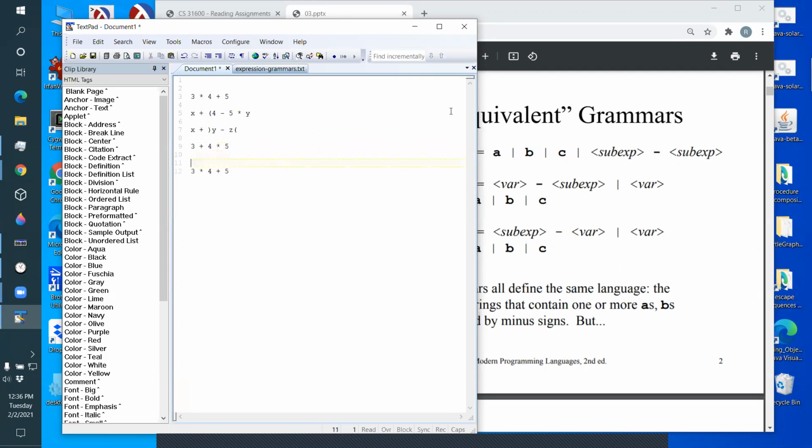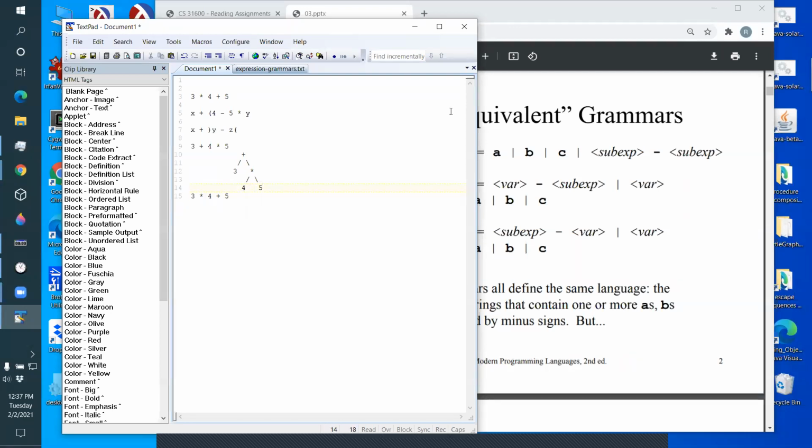This one, from our point of view, is a tree that says you're taking the sum of 3 with something else. What you're taking is the sum of 3 with the product of 4 and 5.